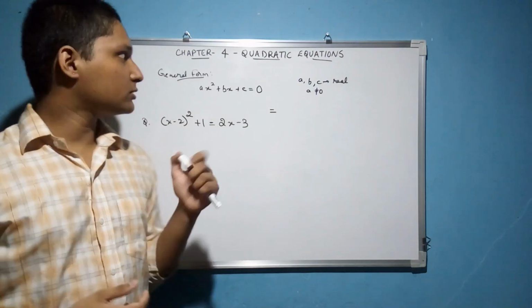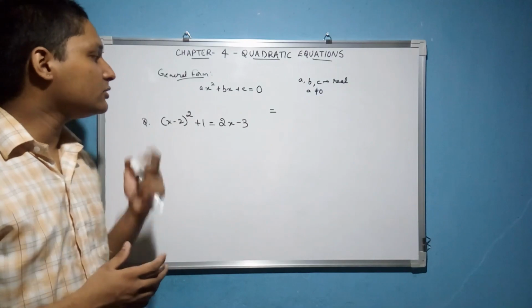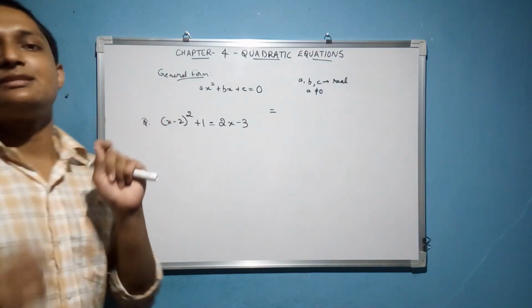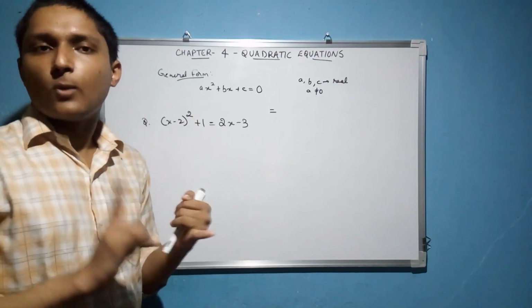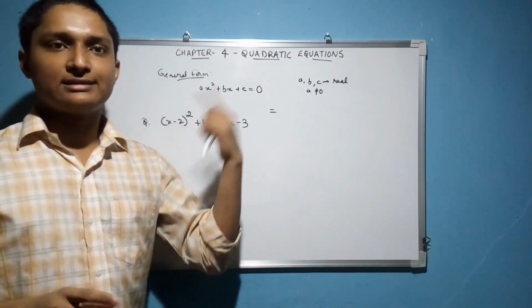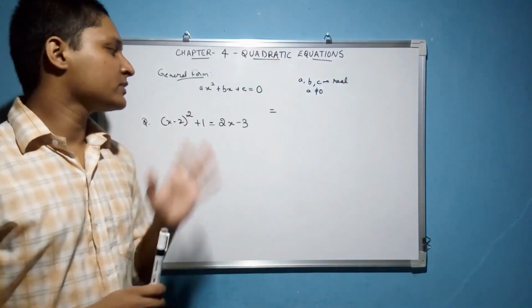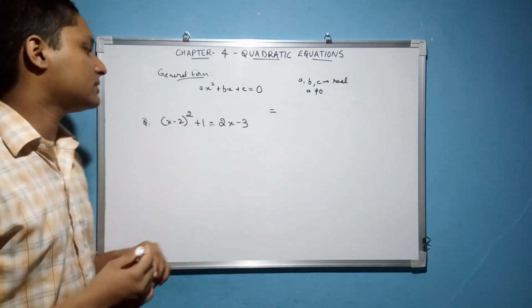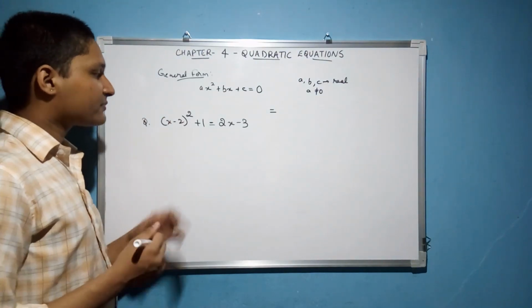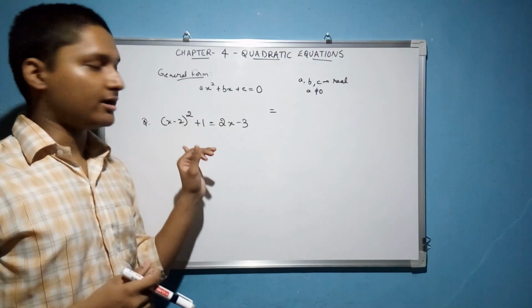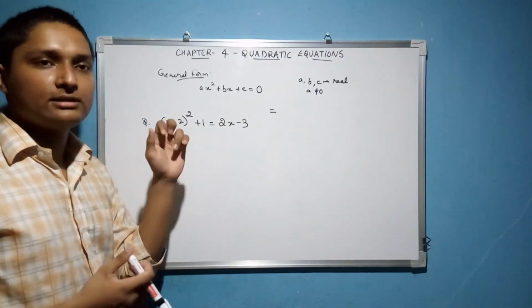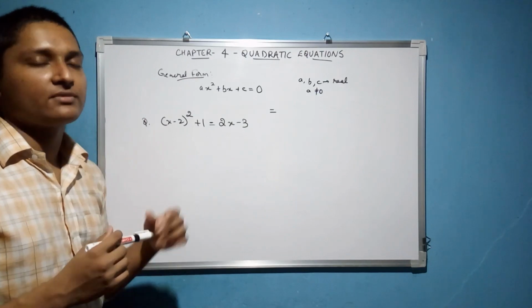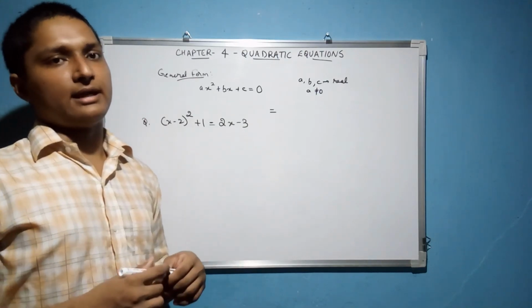If it is going to be a quadratic equation, then an x square term should be there. The maximum term should be x square only. x cube and x raised to 4 and such things should not be present. So this is not a direct one, and we need to simplify it somehow to find out whether it is going to be a quadratic equation. Some questions are given in that form.